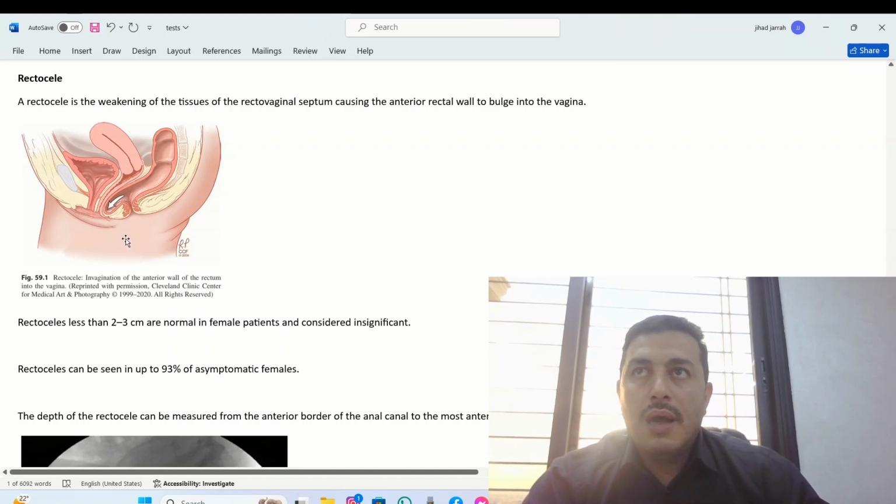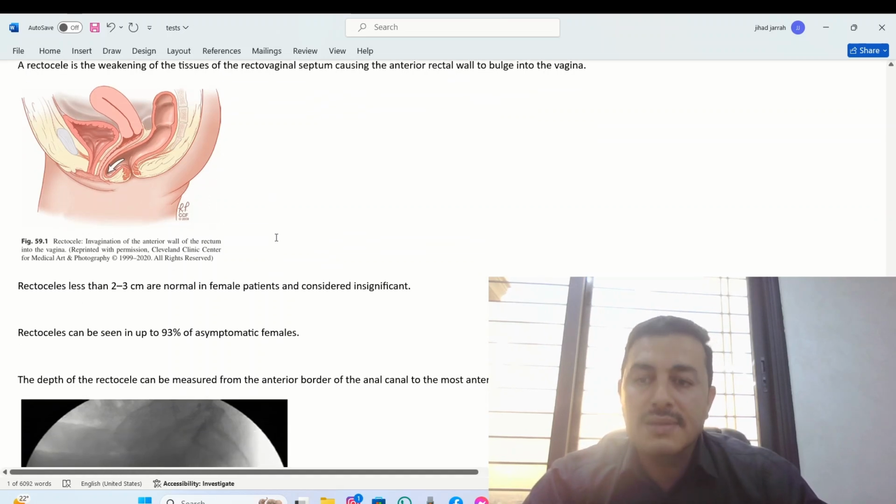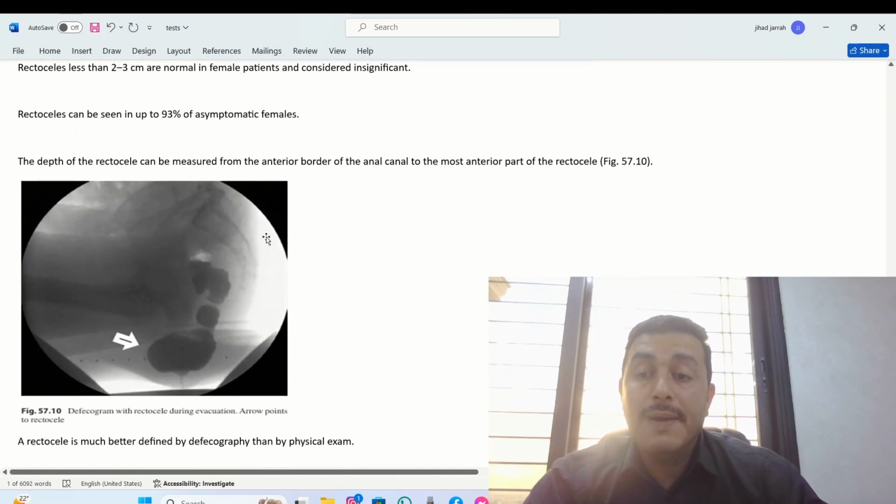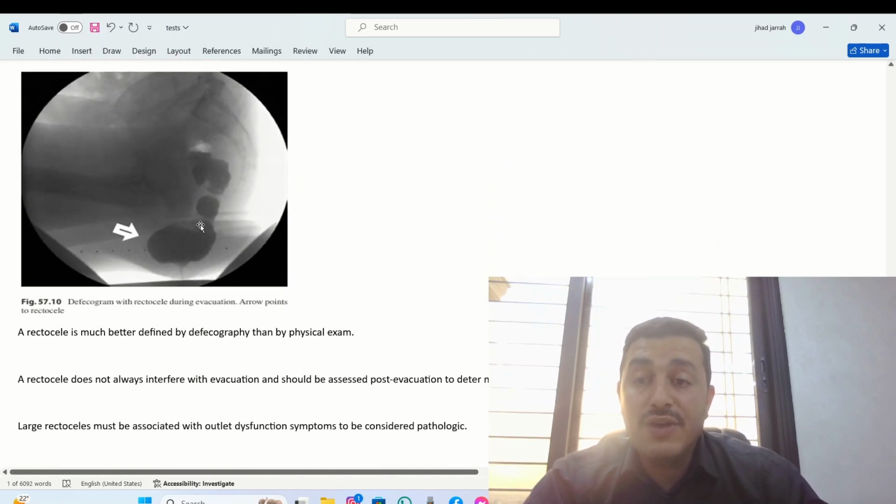Rectocele up to 3 centimeters in females is considered insignificant. Rectocele can be present in up to 93-95% of asymptomatic patients. You can see in defecography the protrusion of the contrast into the anterior vaginal wall.